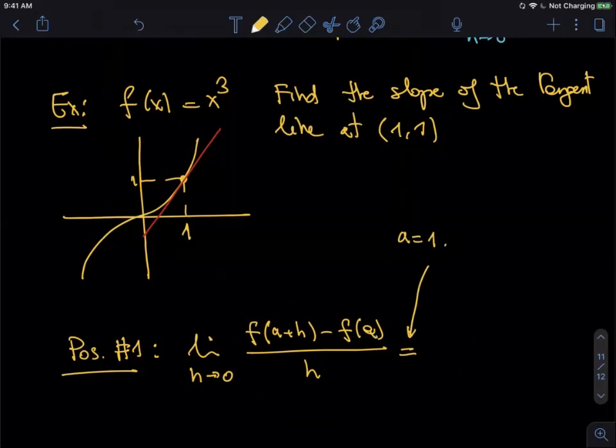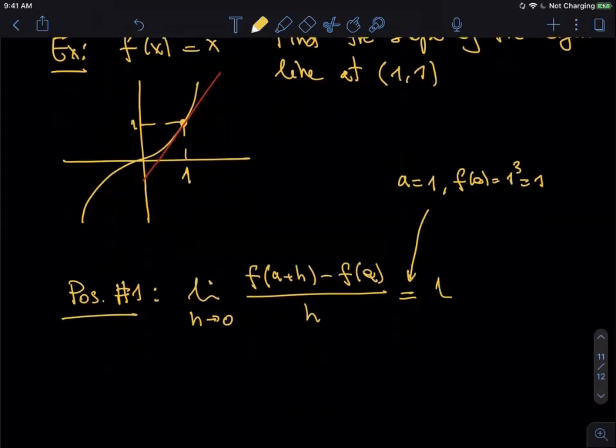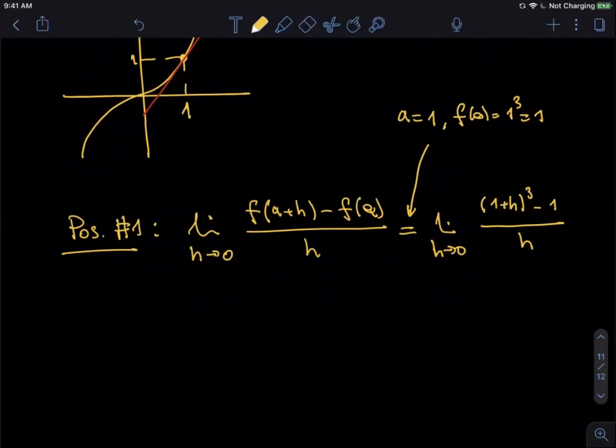And f of a turns out to be 1 to the power 3, which is 1. So this is the limit as h tends to 0, okay, of 1 plus h to the power 3 minus 1 divided by h. And here we are going to need to expand that cube, okay?